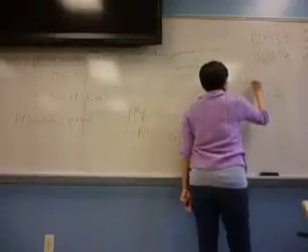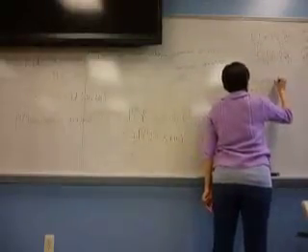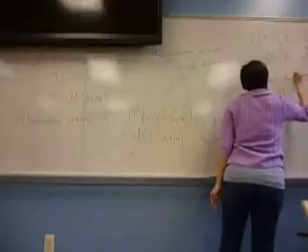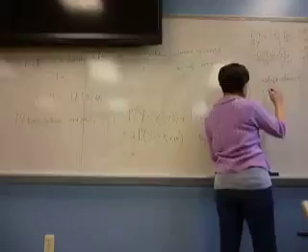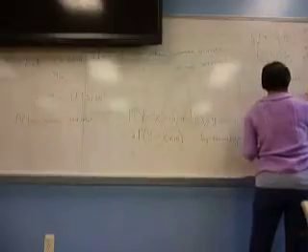So now, by independence, since I've told you that the arrival times are independent, I know that their joint density function is simply this.